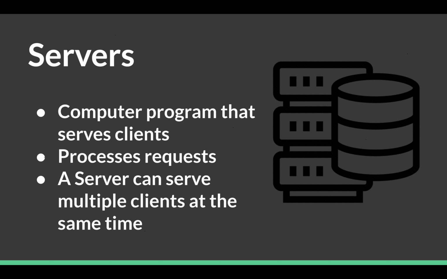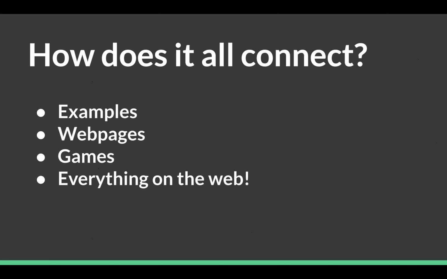The server processes that request and sees that this client wants to see this web page. Then the server responds to the client, and it would load the web page. Hopefully that makes sense. That's basically how it connects, and it can be used on web pages. Basically everything on the web is a client-server model.